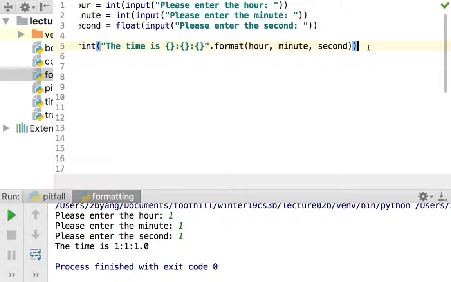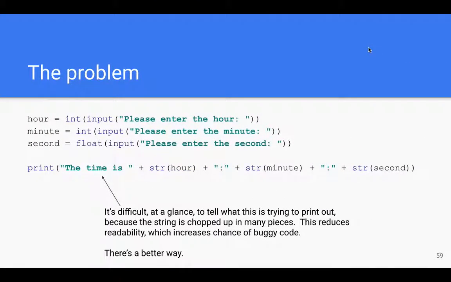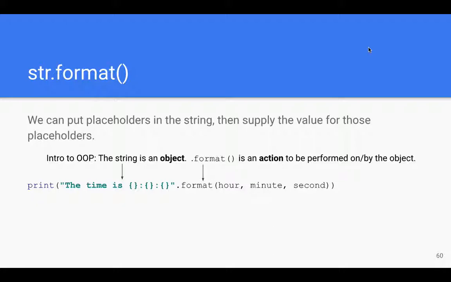Okay, might look a little strange. So let's look at this in a little more detail, what that means. This is actually your first encounter, I think, in this class, with the object-oriented part of Python. So this string here is what's commonly called an object. It's a thing.